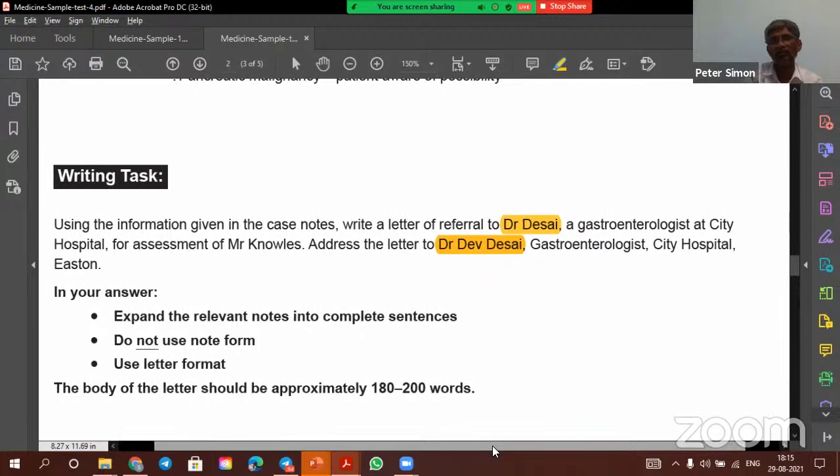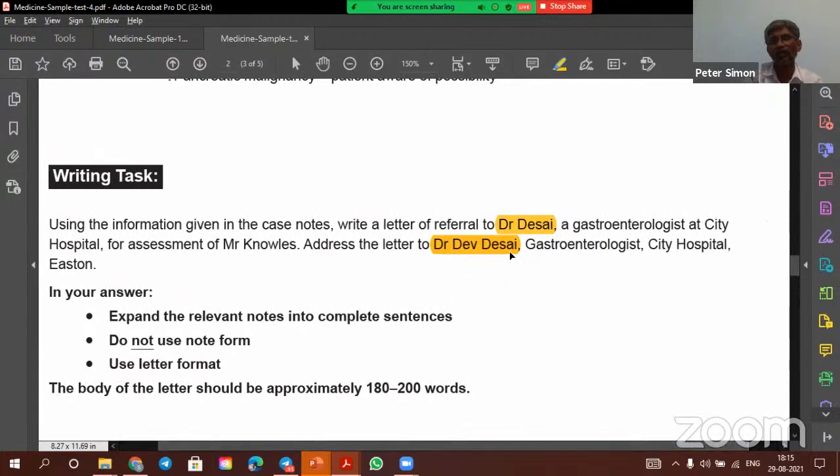Dr. Dev Desai, first line, gastroenterologist, City Hospital, Eastern. So this is it. Dr. Dev Desai, gastroenterologist, City Hospital, Eastern.